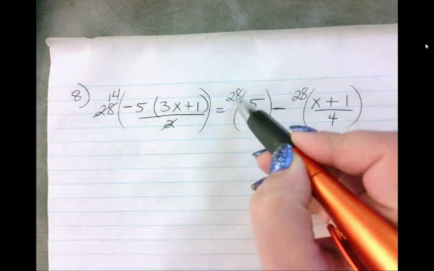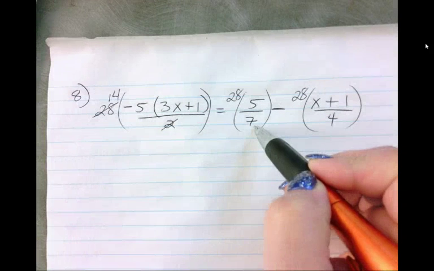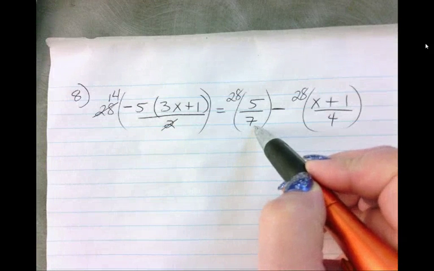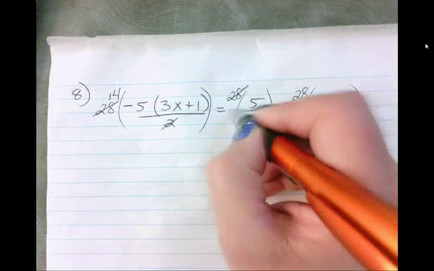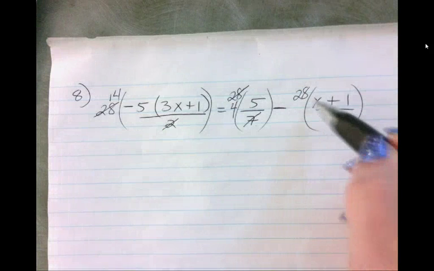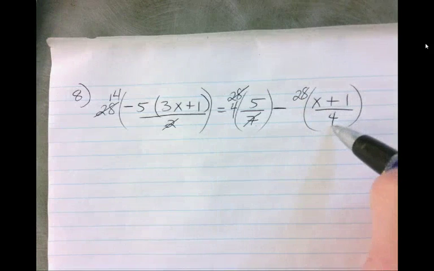How would you reduce 28 over 7? Take a 7 out of the 28, you're left with 4. Now here, we're going to take out the 4, and what are we left with?